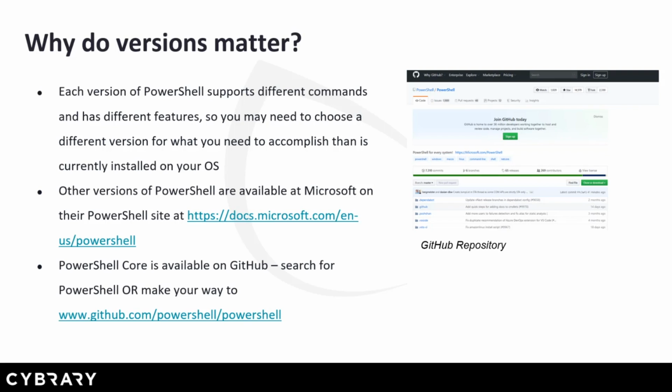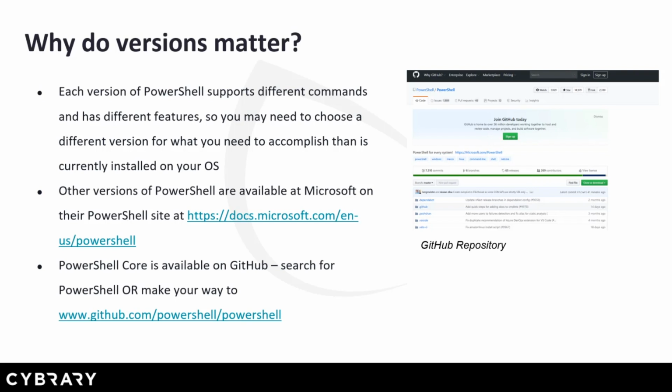To do that, you can get other versions of PowerShell from Microsoft on their PowerShell site at https://docs.microsoft.com/en-us/PowerShell. Now, if you're not in the United States, you can go to your Microsoft site for your country, look up PowerShell, and it should be one of the first results.